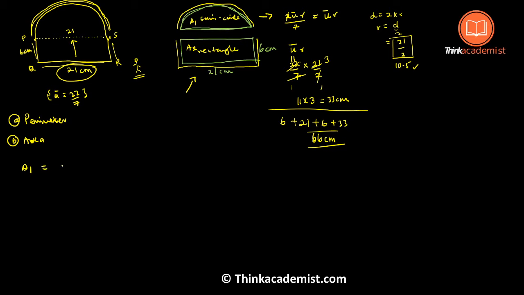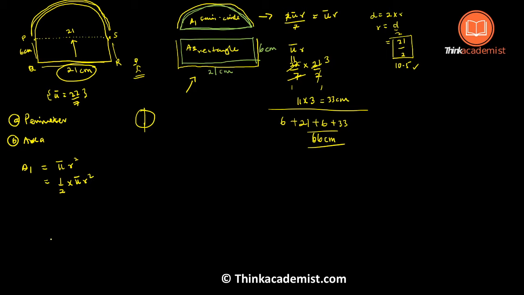Area 1, to find this area for a semicircle, we know that the area for a circle is pi r squared. So if I have a circle, half of it becomes my semicircle. So half times pi r squared.